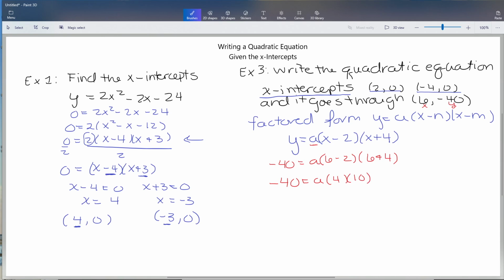And I have 40a. Divide both sides by 40, and I can see that a is -1. Okay. So when I go to write my equation, I'm going to plug in a equals -1, and then I still have my factors x minus 2 and x plus 4.